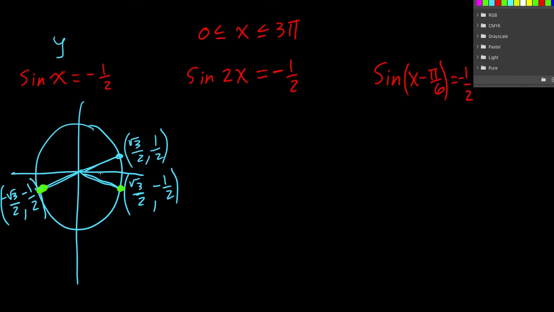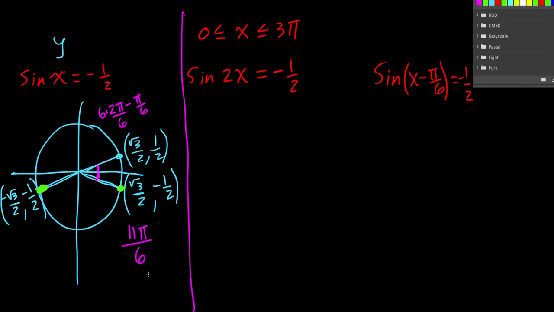Okay, so this is going to be 2 pi minus pi over 6, because this would be pi over 6, this is also pi over 6. So we want 2 pi minus pi over 6. So if we multiply this by 6 over 6, we get 12 minus 1, so that's 11 pi over 6. Okay?